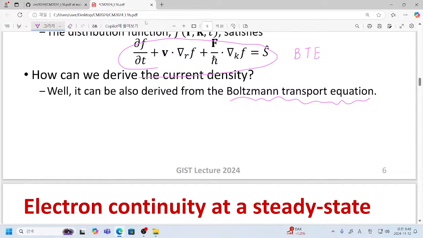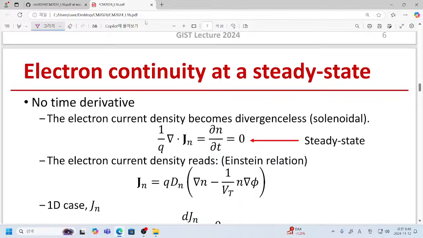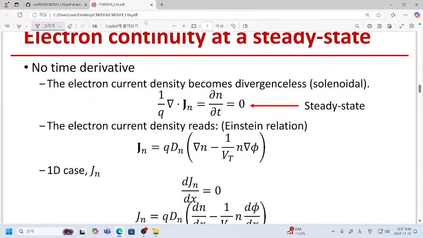Also, you have references. Okay, so without explaining the details, we just accept the validity of the continuity equation, and we want to solve it. So let's dive into the solution procedure.